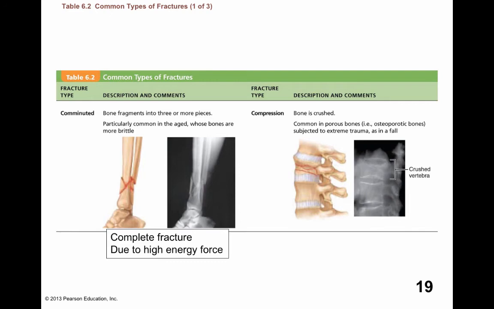Now, compressed fractures are essentially when you've crushed bone, and this again is common in osteoporotic bones. Sometimes this can happen in extreme trauma, as in major falls. A perfect example you can see in the picture is a crushed vertebrae.